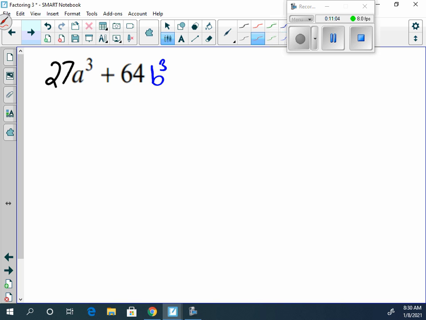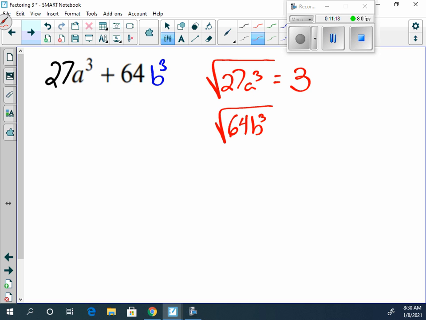So when we look at this, again, we can see if we can take the cubed root of 27a cubed, and see if we can take the cubed root of 64b cubed. Well, the cubed root of 27 is 3. 3 cubed is 27. And the cubed root of a to the third is a, because when the root and the exponent match, they simplify out.